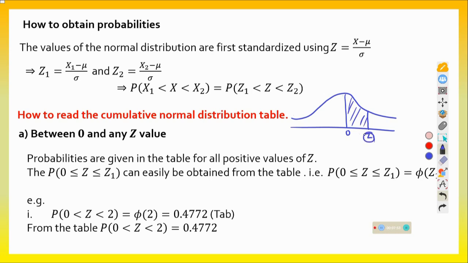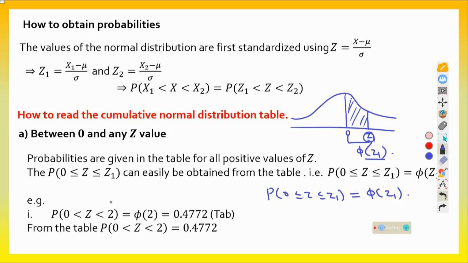You will simply go to your table and read the value of Z1. So if you are looking for this probability from 0 to Z1, then the probability of 0 less than or equal to Z less than or equal to Z1 will simply be the same as taking the probability of Z1.